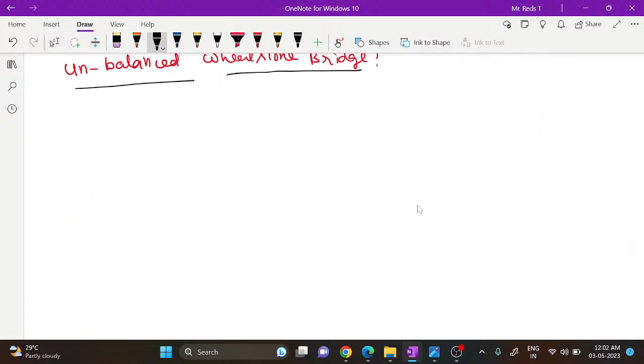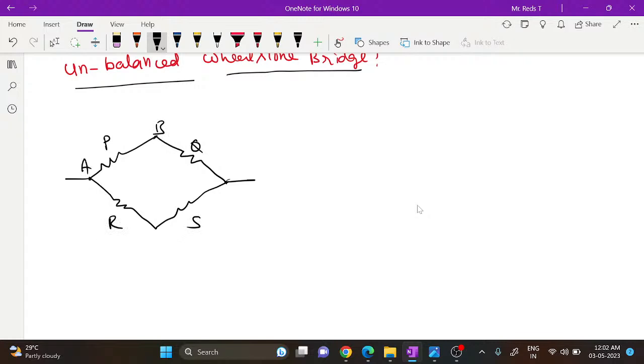If it is balanced, this will be the circuit: P, Q, R, S, A, B, C, D. If it is balanced like this, you can remove the galvanometer and its resistance.